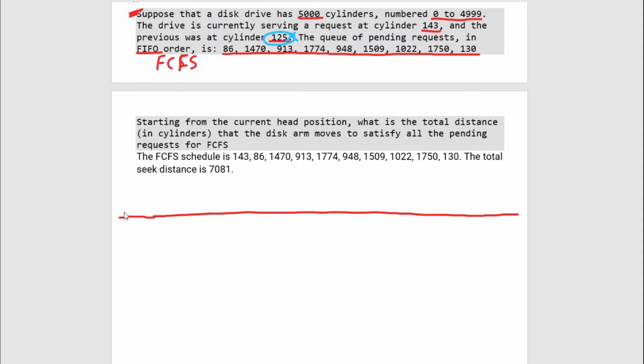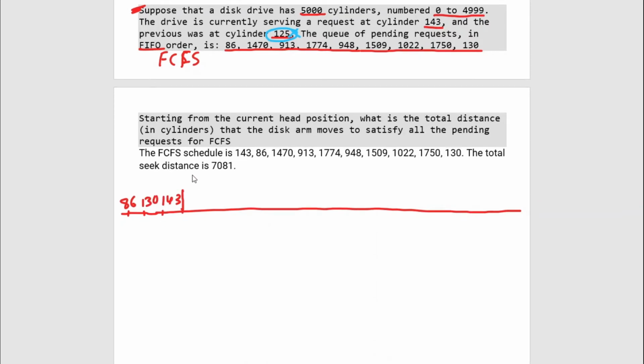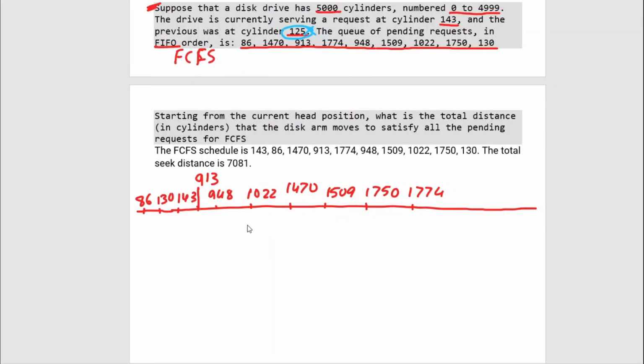So our track starts with 86, then we do have 130, the pointer is at cylinder number 143. From 143 now it is going to 86. From 86 it is going towards 1470.